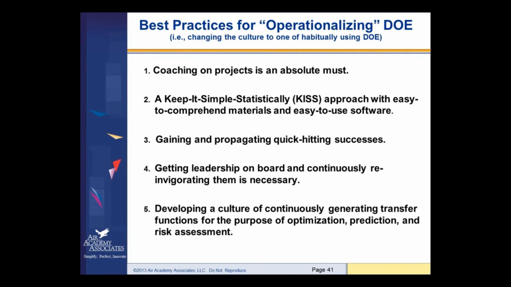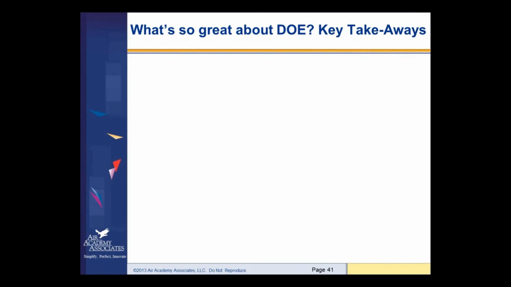That is validated transfer functions. Because if we have those, we can optimize, we can predict, and we can assess risk. And that's that modeling portion of the DOE that I talked about before. The 3 reasons for screening, modeling, and verification and validation testing.